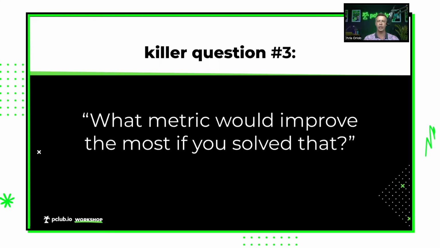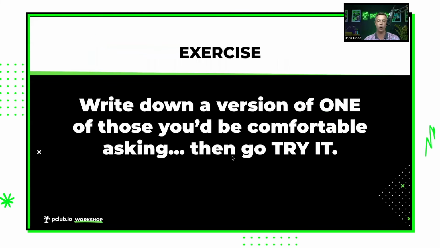Most customers are going to share challenges that you don't necessarily know how to quantify, and they don't quantify it for you. And so when you ask what metric would improve the most if you solved this challenge, they talk about a metric that usually has financial value associated with it. And we're going to talk about this one in depth later in the course.